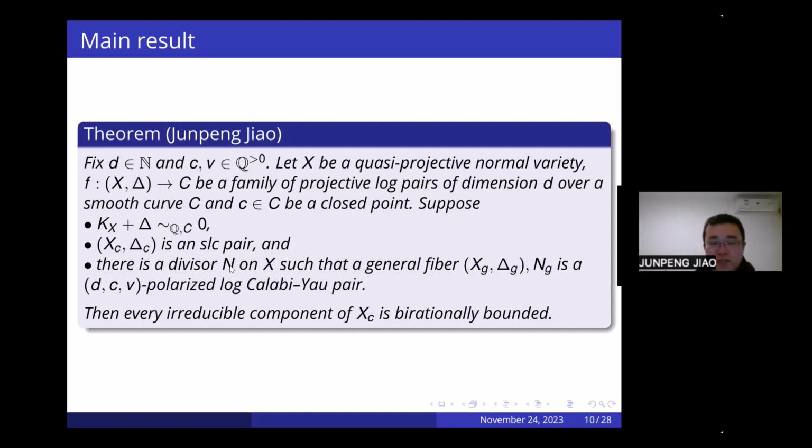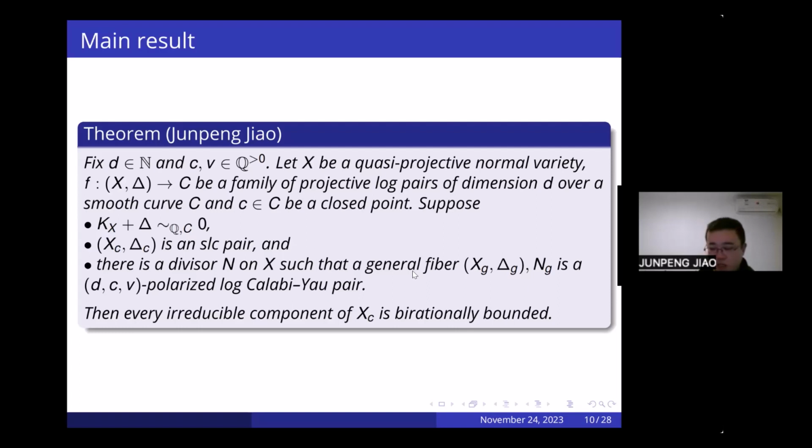Suppose that there is a divisor N on X such that the general fiber is a DCV polarized log Calabi pair. Then every irreducible component of the special fiber is birationally bounded.